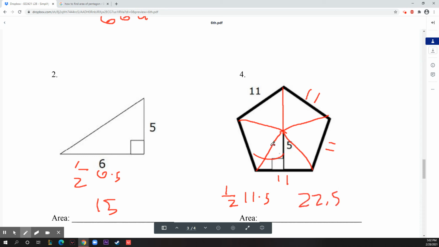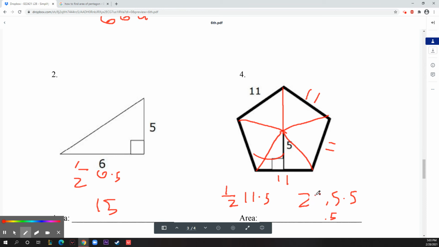And then we know that there are 5 triangles. They're exactly like this. So you just multiply 22.5 by 5. No, scratch that. Sorry. It's not 22.5, it's 27.5.